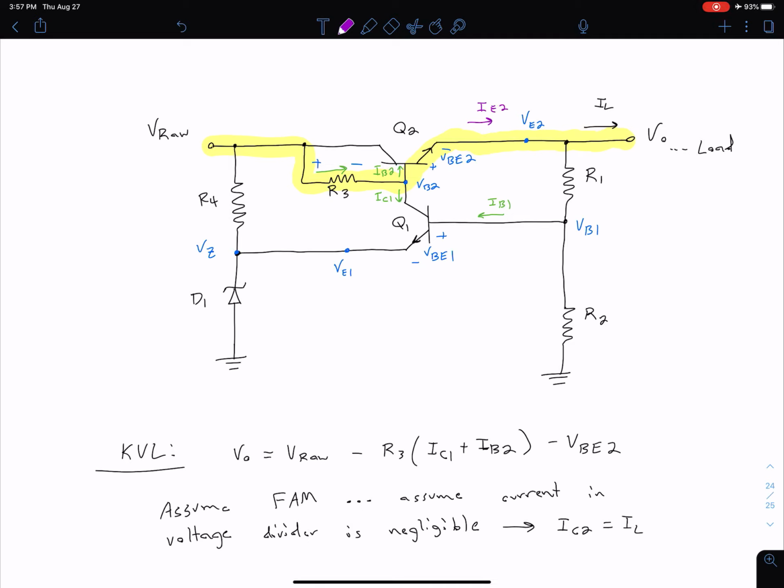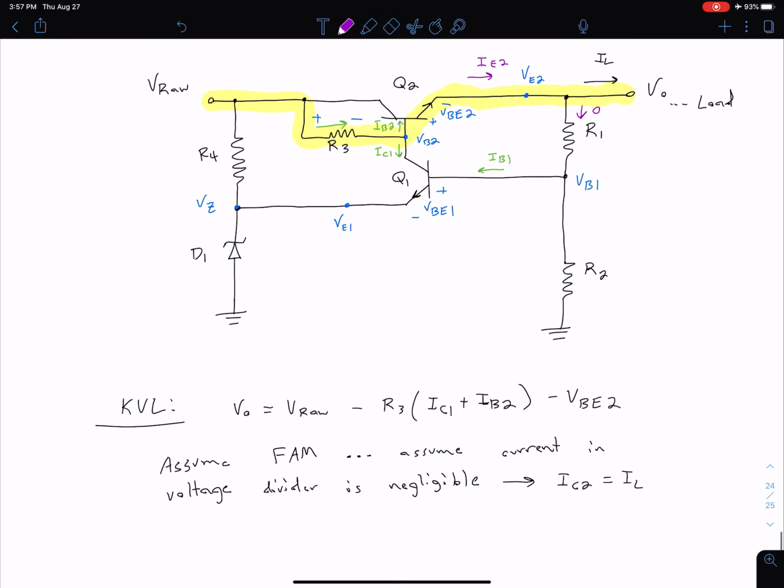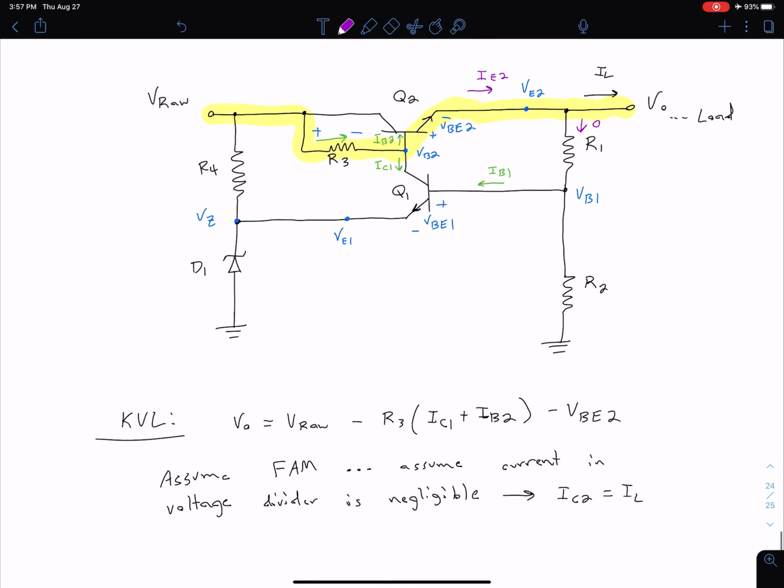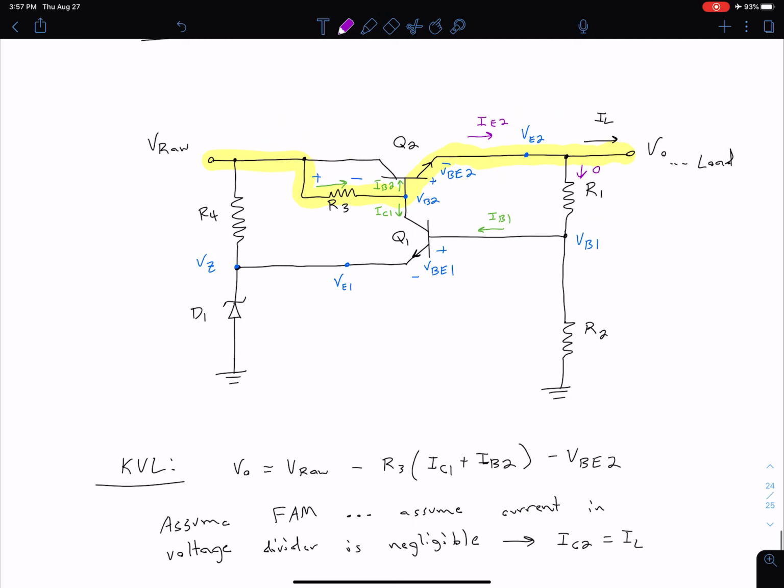This would be our emitter current, and we're saying that we have essentially zero current coming down this way. One other thing we can assume is that if the base currents are relatively small, of course we can say that our collector current IC2 is approximately equal to our IE2.